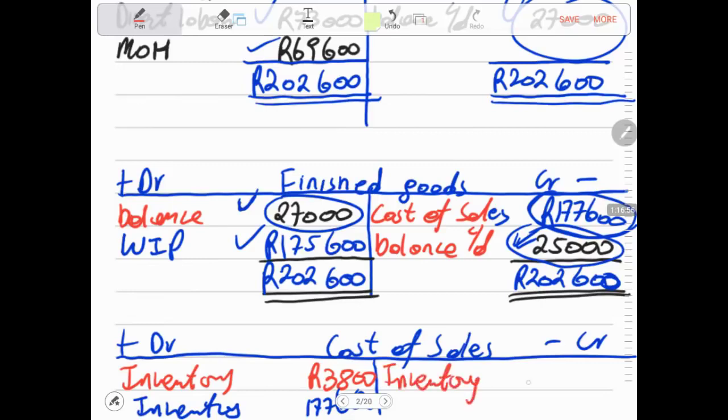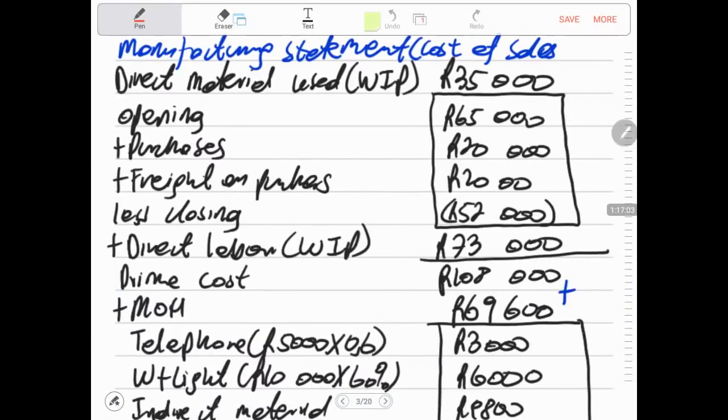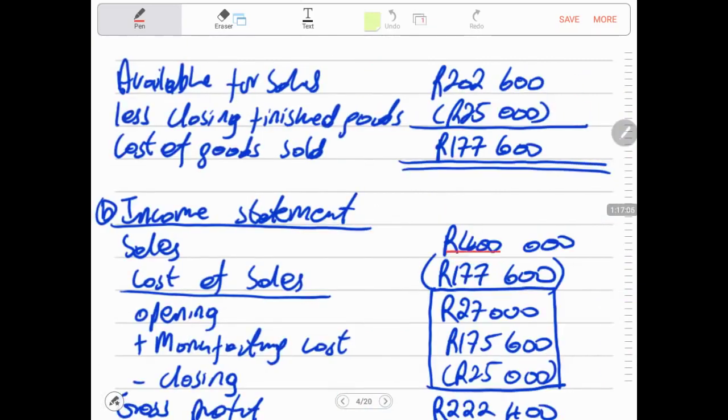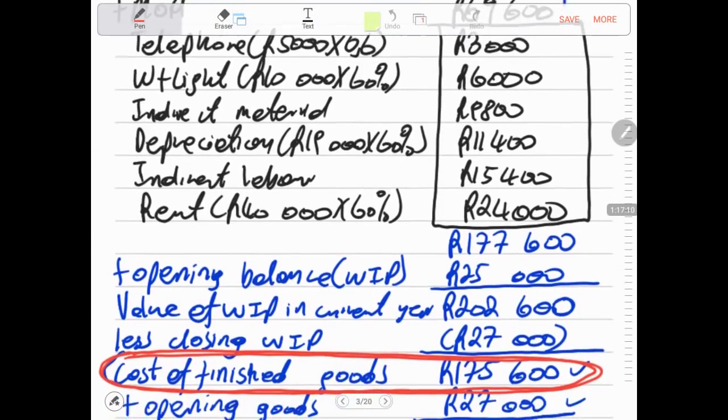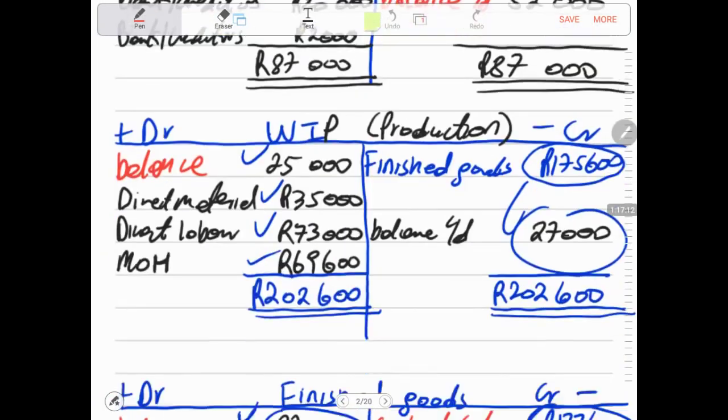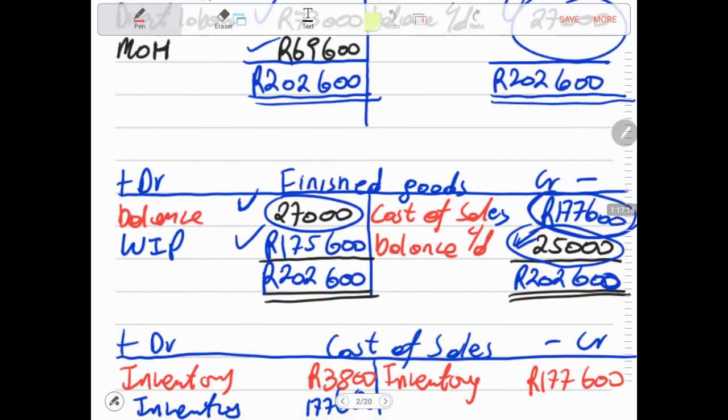Sorry to come a little bit backwards. The inventory that was the cost of what was sold was 177,600. So now that will also have to be applied with regard to the ledger account of cost of sales, to record that this inventory worth 177,600 must have been sold.